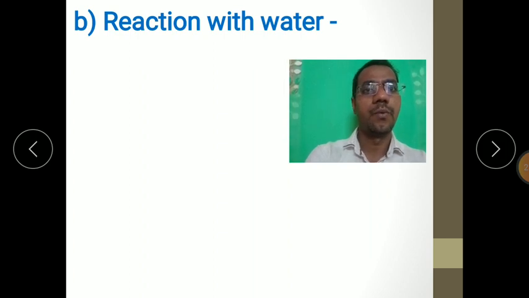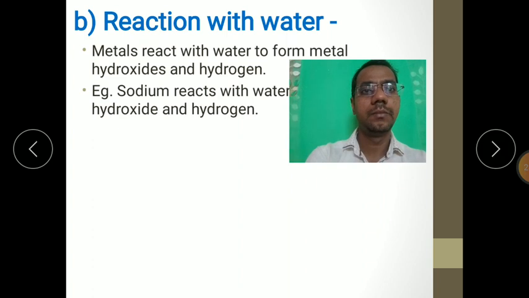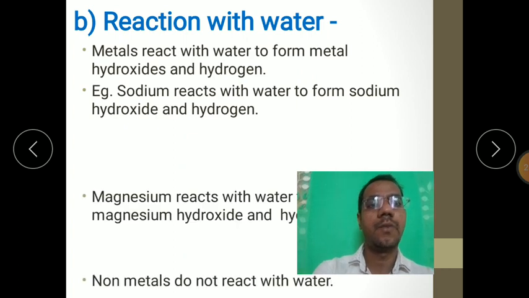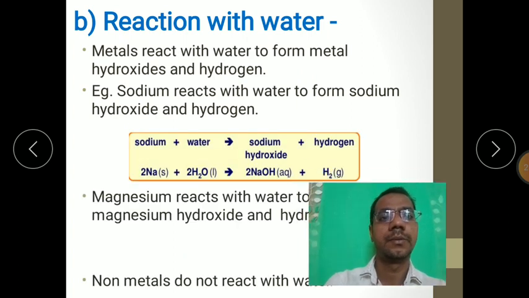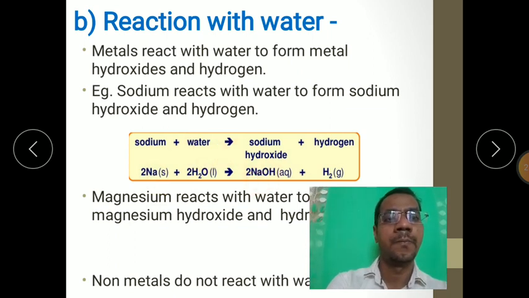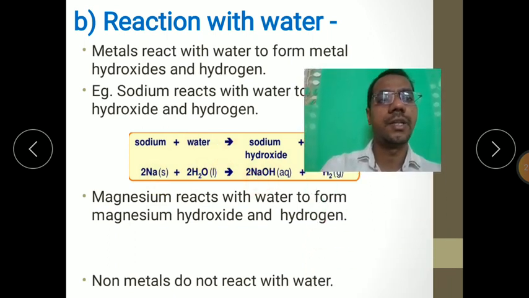Reaction with water. Sodium reacts with the water to form sodium hydroxide and hydrogen gas is evolved. So sodium reacts with the water to form hydroxide, it means OH, and removal of hydrogen gas.